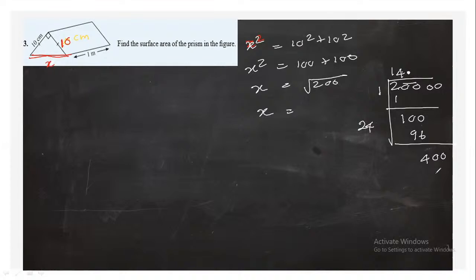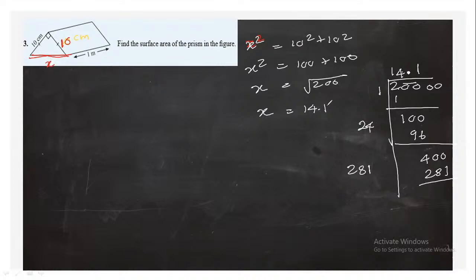Then 400. Now 14 here, I double this one and write 28. Then now check how many times, if I put 2 here, how many times go inside? We can't write 2 here, only 1 we can write. Here also 1. 1 times 281, 281. So we'll stop from here at 14.1.